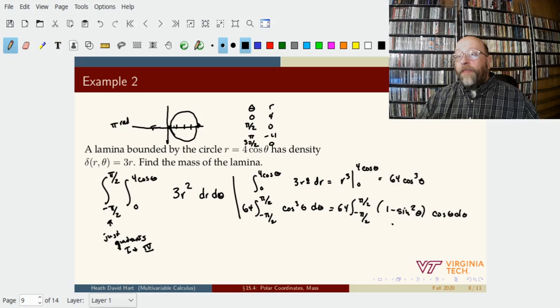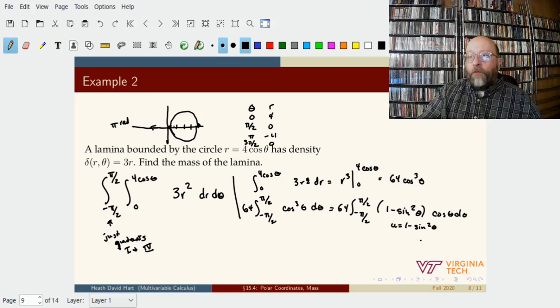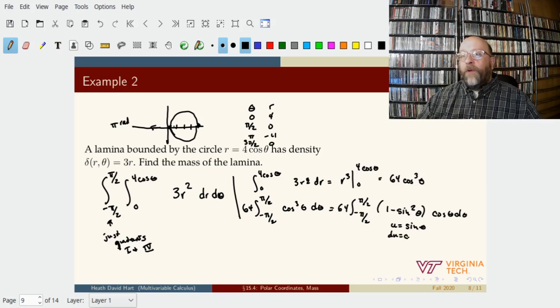And then we're going to do a u substitution. U equals 1 minus sine squared theta. Du is equal to negative 2. No. Got the wrong u. Sorry. U is just sine theta. Du is cosine theta d theta.